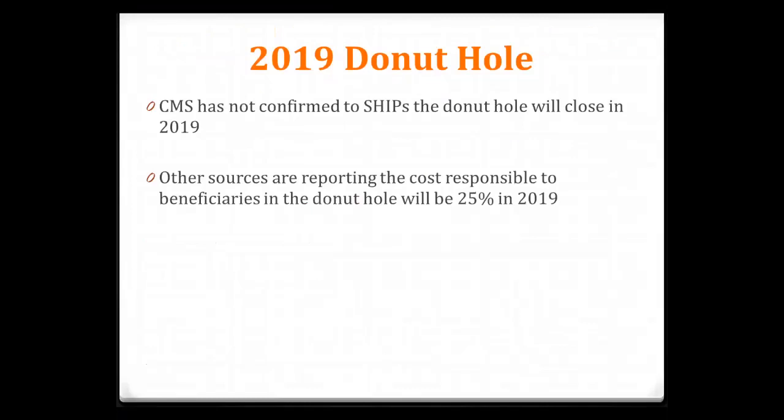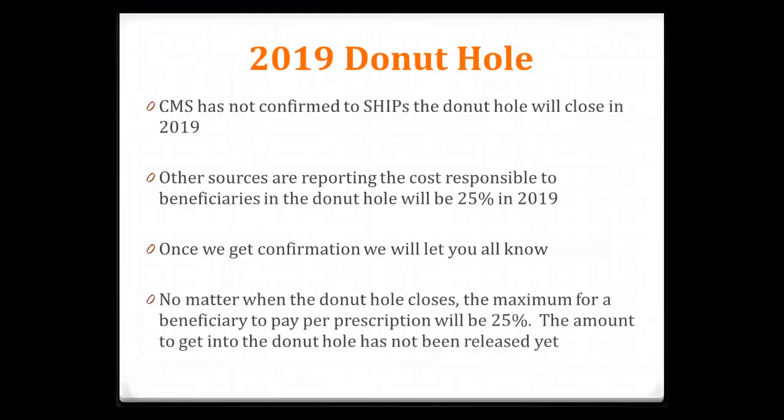So we're waiting for official confirmation from CMS before we let that go public, or not really advertising it, but just letting people know. Absolutely, once we get confirmation, we will let everyone know. We'll let our coordinators know, and then the coordinators will let all the volunteers know. We'll cover that, I'm sure, during our update trainings for the annual enrollment period.